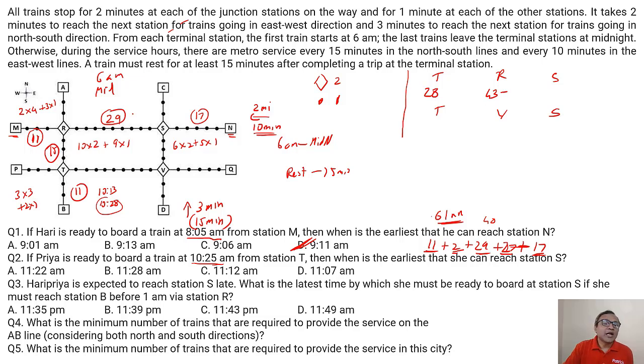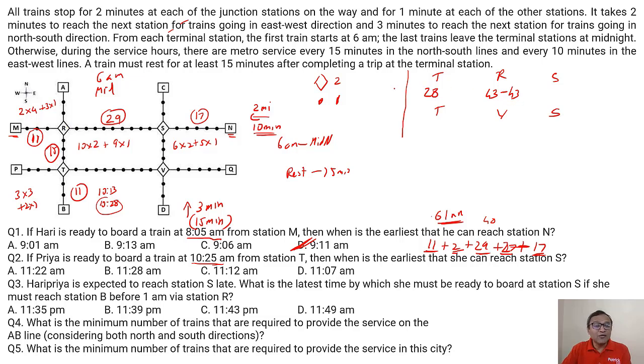Now at R, what time can I catch a train? If a train starts at M at 30, I'll reach R at 41 and can leave at 43. Remember, if I start M at 30, 11 minutes to reach R is 41, plus 2 minutes stoppage time, 43. So at 43 I can catch the train again.